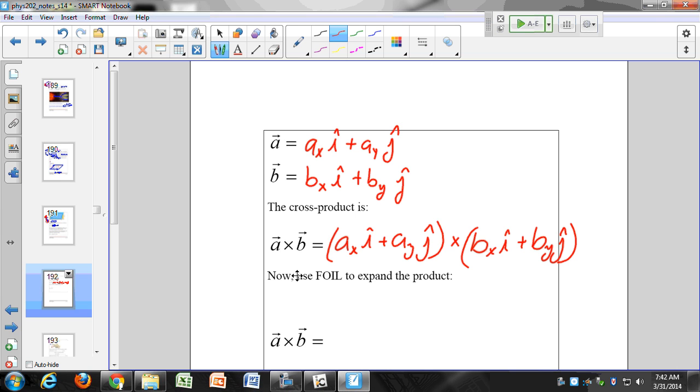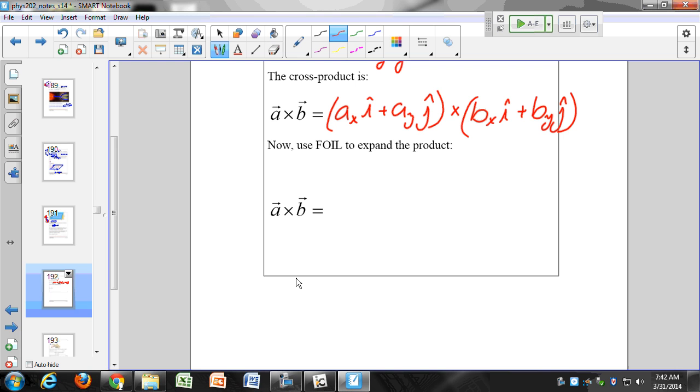And then you can just use FOIL. You remember FOIL? First, outer, inner, and last. Right, good. 8th grade math. So we use FOIL to expand the product.